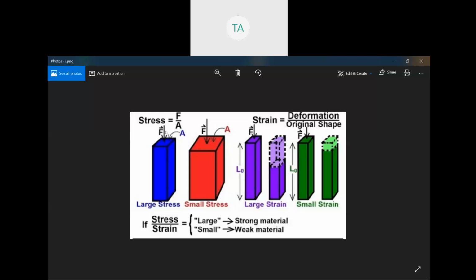That means if a large amount of force is applied, then it causes large stress, and large strain. Ignore this thing, I am just giving it for reference. No need to look at these terms: large, small, strong material. This is a different illustration. I'm just trying to explain from this figure how it causes the deformation. Ignore this, do not consider it.